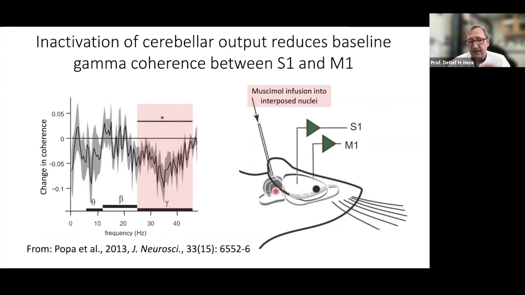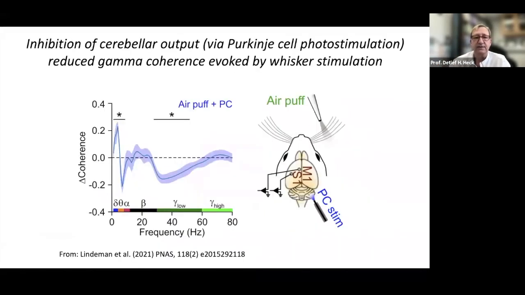Here again, an indicator that this is not just in association cortical areas, but also applies to motor areas. And this is a very recent paper, with a very similar finding, but now in a behavioral context. This is from Lindemann et al., which came out in PNAS just a month or two ago. They found that when you provide an air puff to the whiskers, there is an increase in gamma coherence between M1 and S1, these structures related to the whisker barrels.